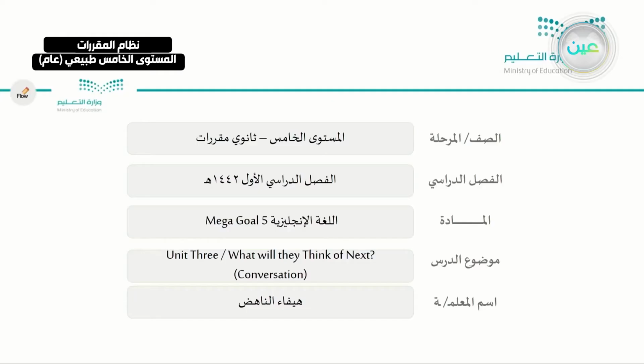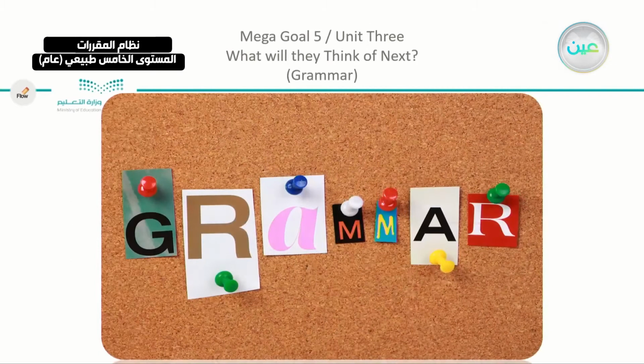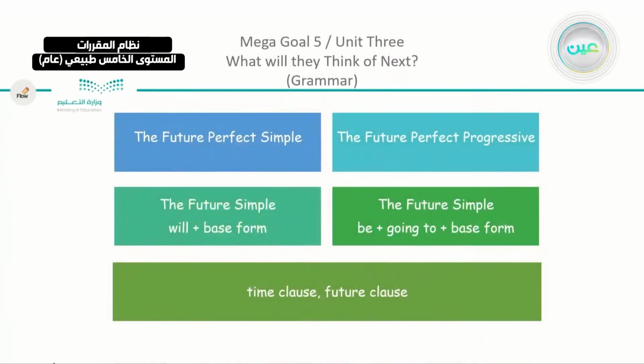Yesterday we talked about a lot of things and we took a lot of forms. The grammar part that we took was related to the basic topic of the unit, which was, or still is actually, the future. We took the future tense in general. We took the future perfect simple.